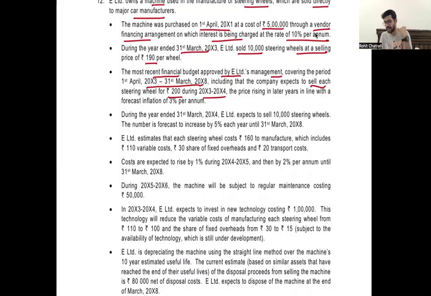In the past, in 2012-13, we sold it at 190 per wheel, but in the future, in 2013-14, we expect to sell the steering wheel at rupees 200.